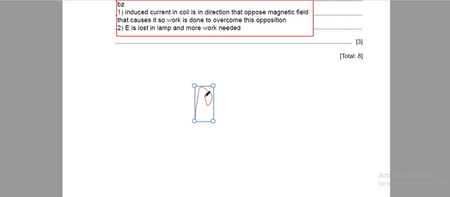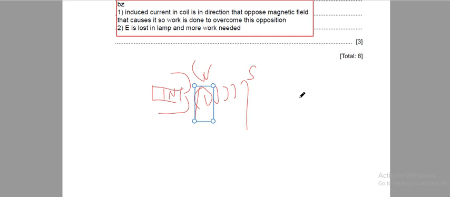Exactly as with a coiled coil, when we approach a magnet, the field lines of the magnet are cut by the coil, so an induced current is formed in the coil, and its direction is in the way that makes a magnetic field of north pole here, south pole here, north pole here, to repel the magnet or oppose the magnet that causes the induced current and induced magnetic field in the first place.